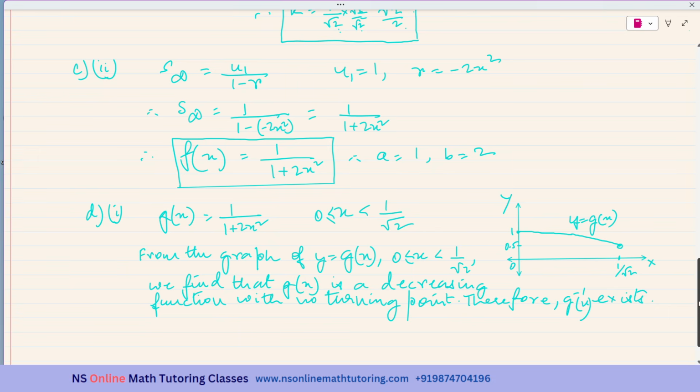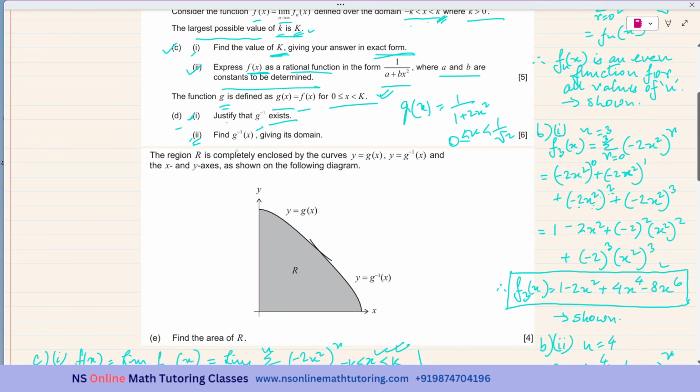Okay. So, it is saying find g inverse of x giving its domain, and these two together are carrying 6 marks. So, this one will be maybe carrying 2 marks, and this will be carrying 4 marks. So, you have to give the expression also for the g inverse of x, and then state the domain. Don't just jump to the domain.